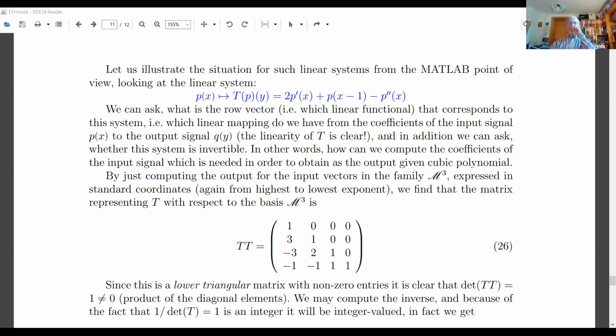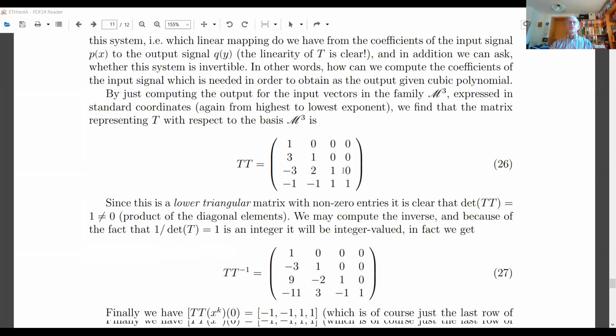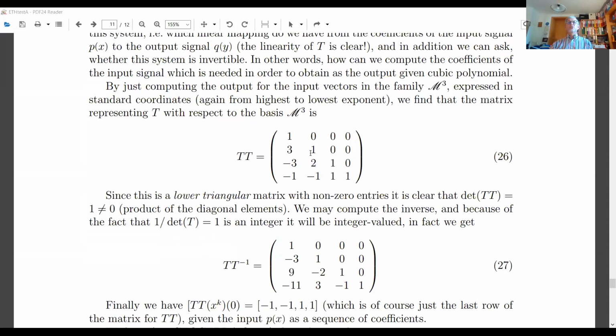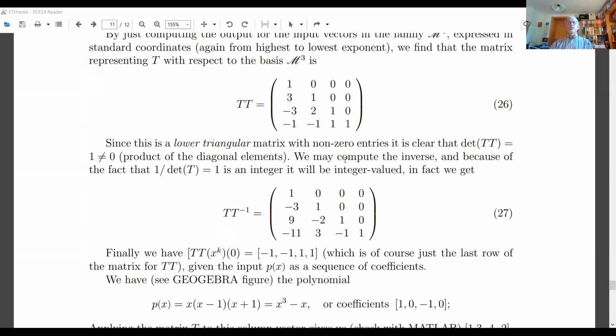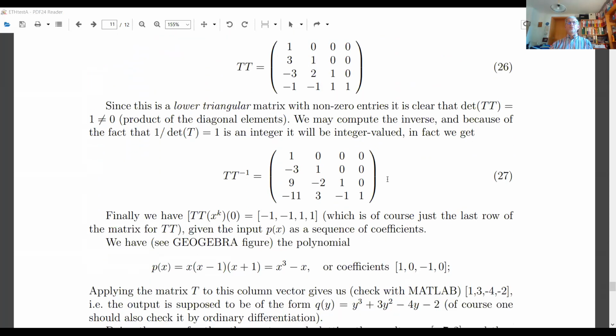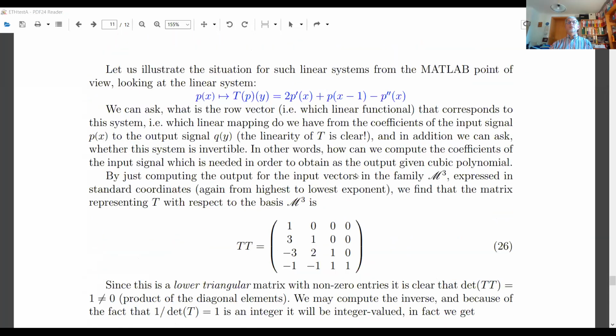Now, I was using the translation operator here to describe the middle term. I was writing the inverse operator here, and in the same way I was writing the differentiation operator and the minus differentiation operator.